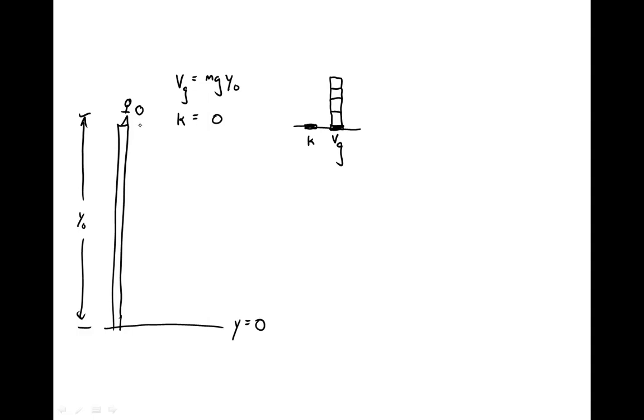Then as the rock falls under the influence of gravity, that potential energy is going to be converted to kinetic energy. So if I were to look at what's going on right here at about the middle, then there is now some movement, so there's going to be some kinetic energy, and I'm not quite as high as I used to be, so there's going to be less potential energy.